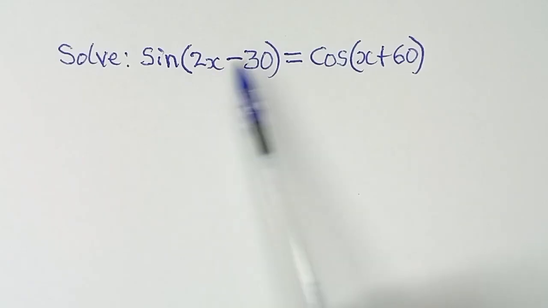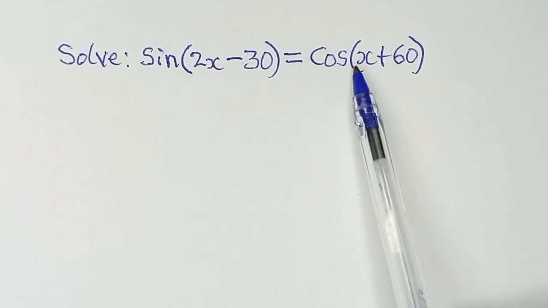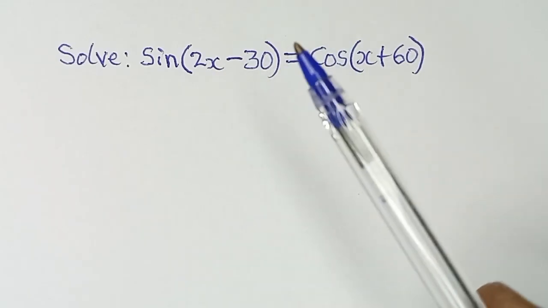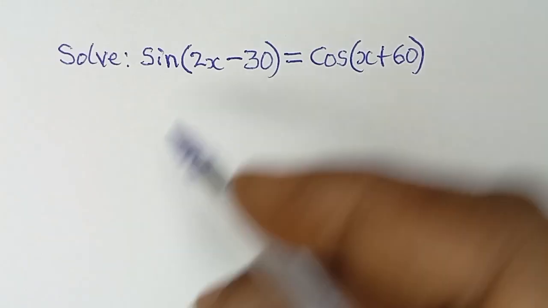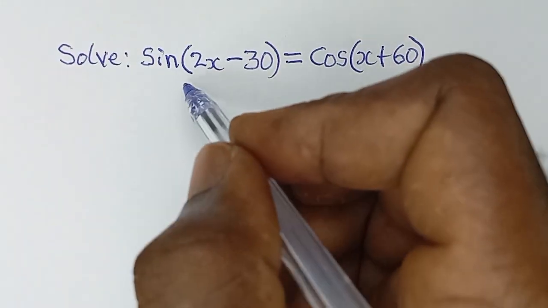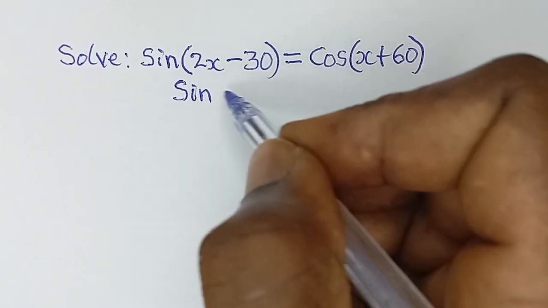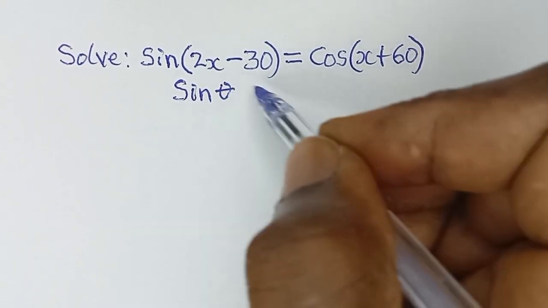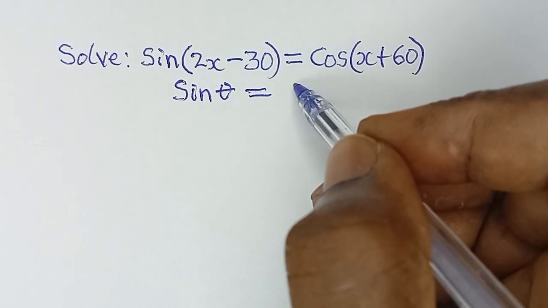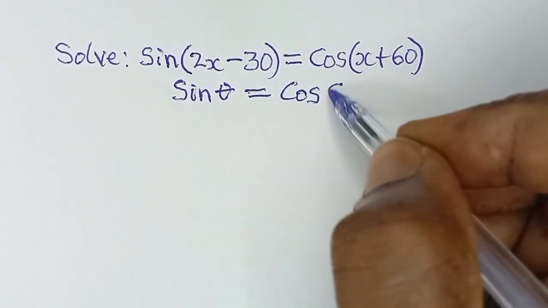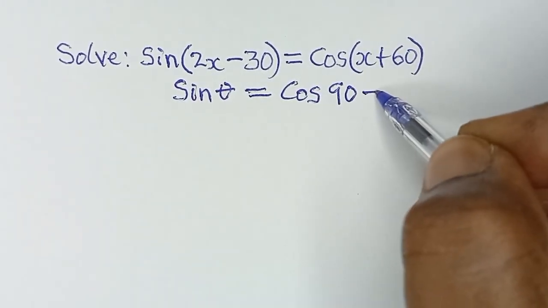Now, when we want to solve an equation like this, we have to remember the trigonometric rule that sine theta is equal to cos of (90 minus theta).